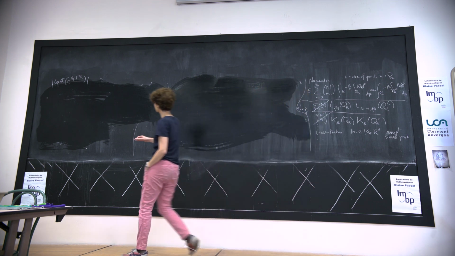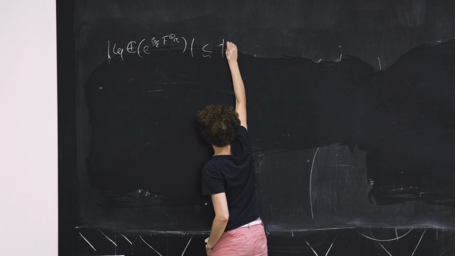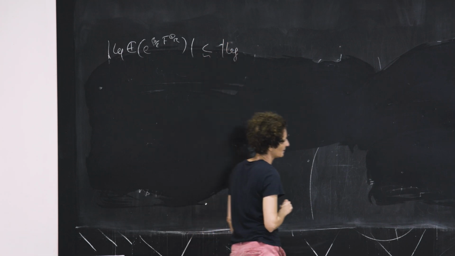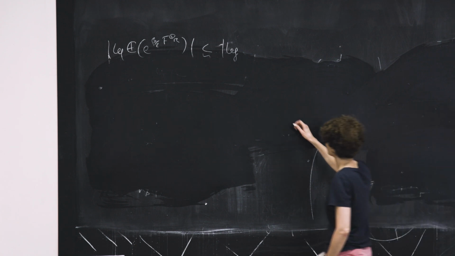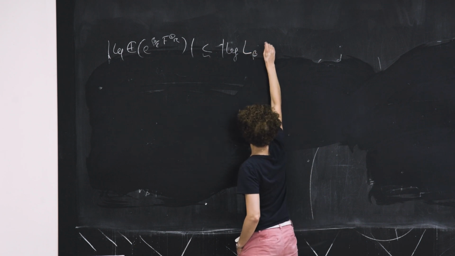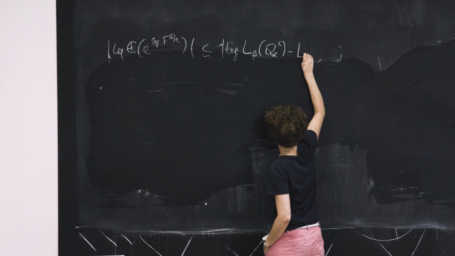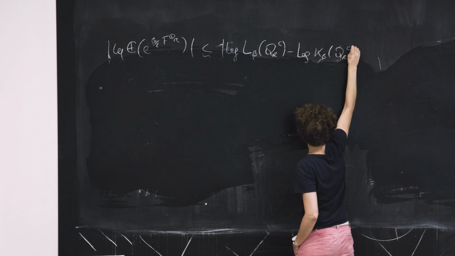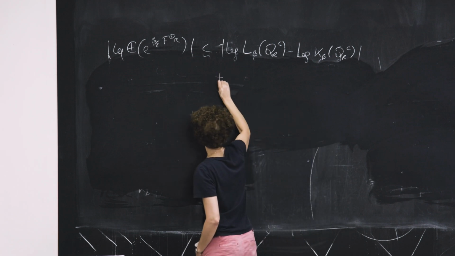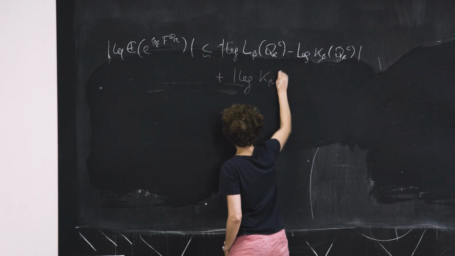So now I'm going to put some twiddles, but roughly, you see it's like the log of L beta of QR complement minus log k beta of QR complement plus the difference for the inside, but I'm going to just bound by the sum.